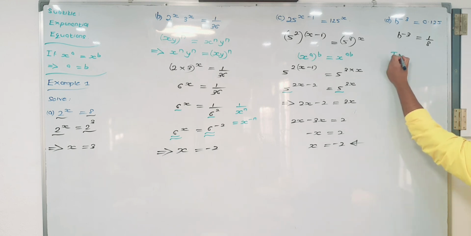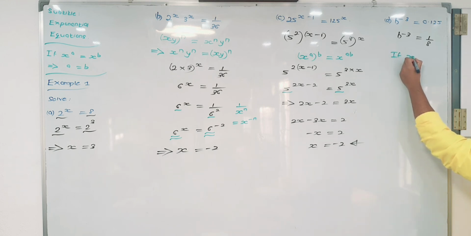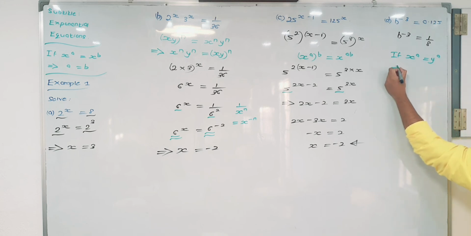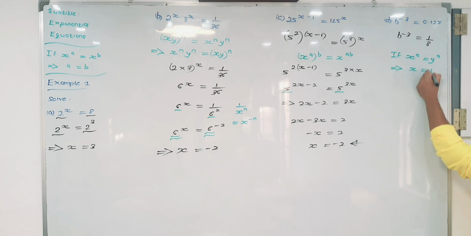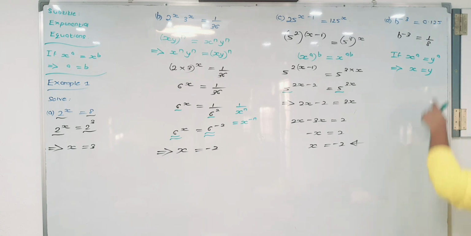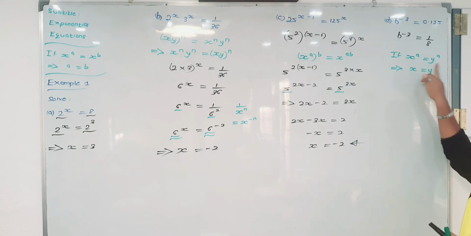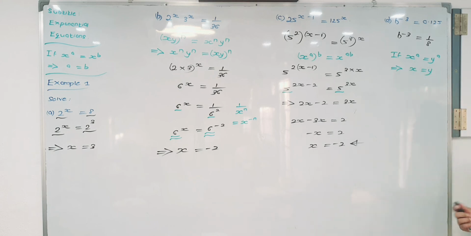Par contre il y a la loi qui dit comme ça: if you have x power a is equal to y power a, so it implies that x is equal to y. This law tells you that. Alors si on a même power côté gauche et côté droite, voilà on a power A côté gauche et power A côté droite, alors cela veut dire que la base côté gauche doit être égale à la base côté droite.